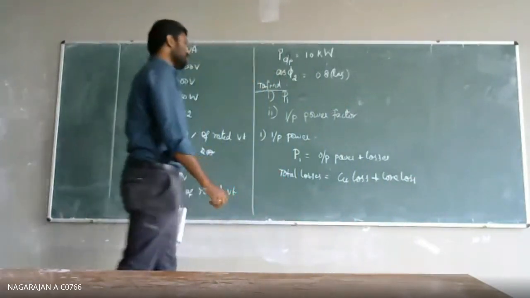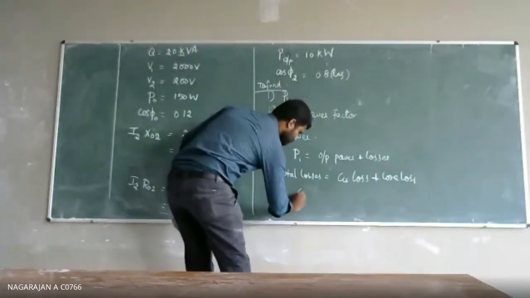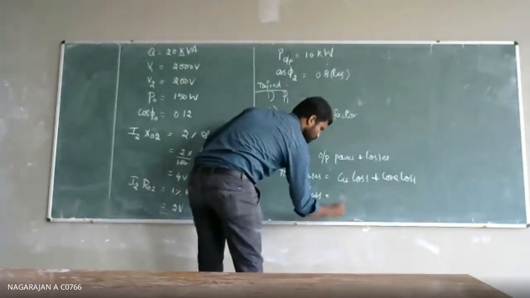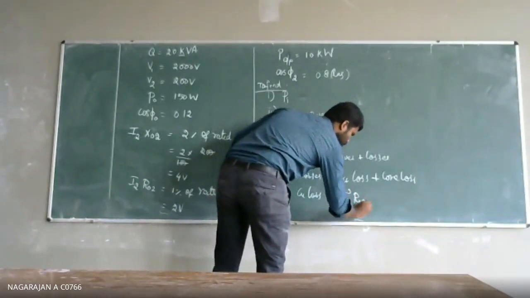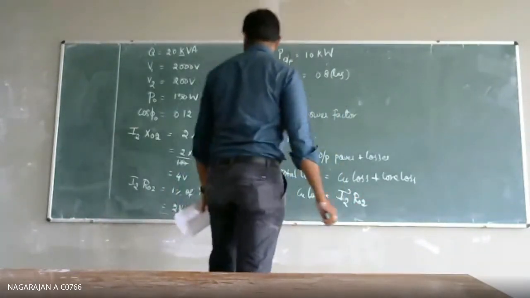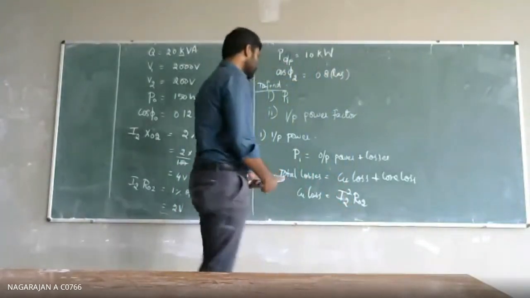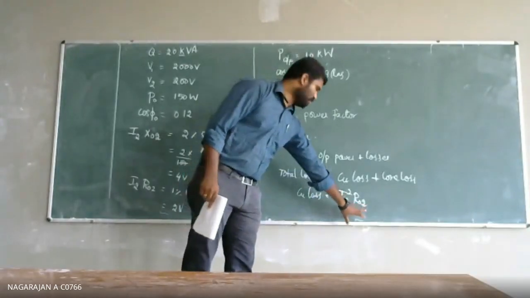How can you identify the copper loss and core loss? For finding out copper loss, we have an equation: I2 square R naught 2. So for that we need these details. We need to find out I2 value and we need to find out R naught 2 value.